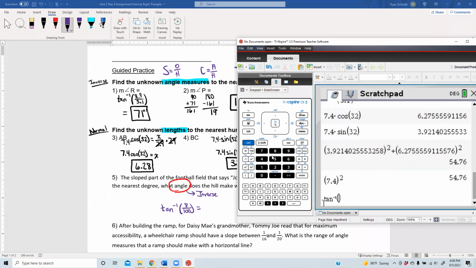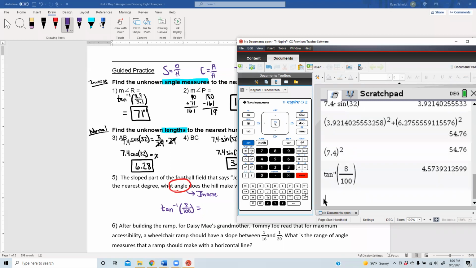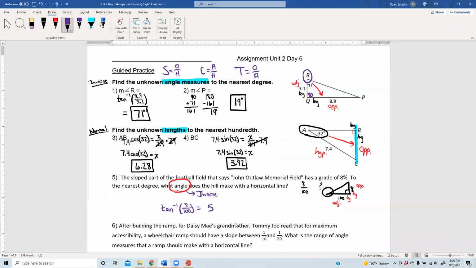Tangent inverse of 8 over 100 gives 4.57, and what's it say? Nearest degree. Nearest degree would be 5 degrees. Okay, there we go.